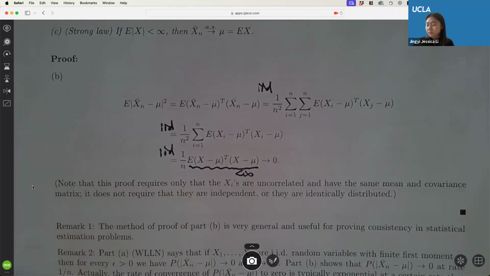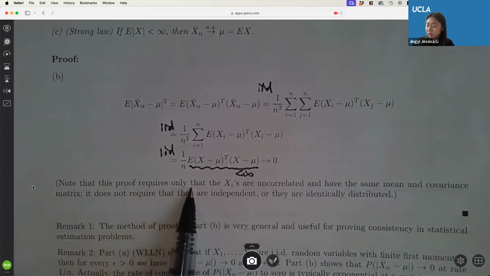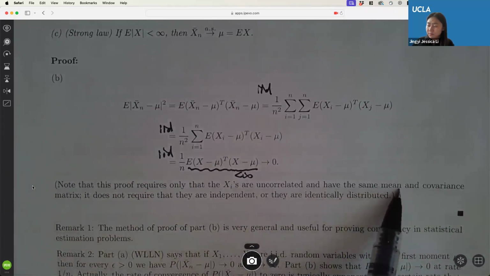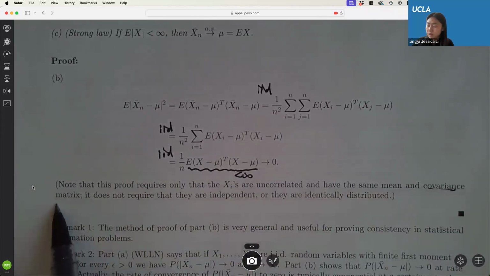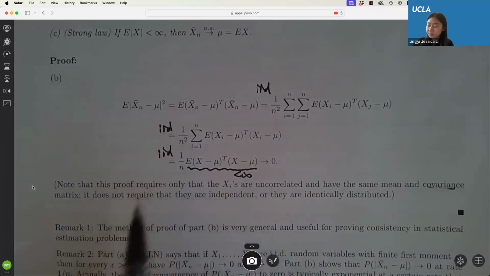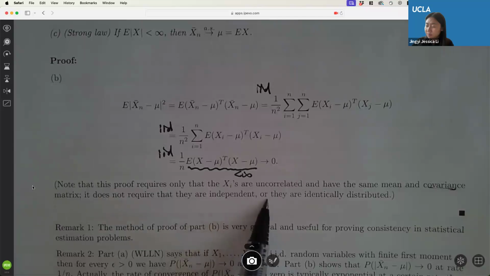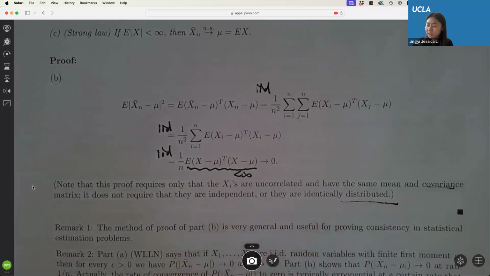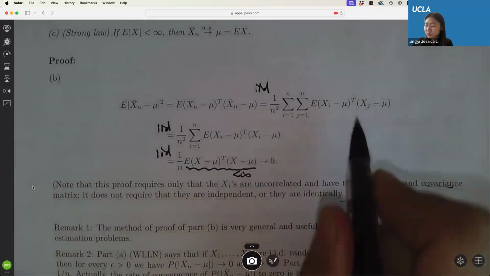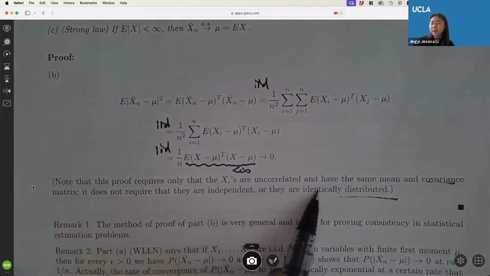Okay, so this proof requires only that the xi's are uncorrelated and have the same mean and covariance matrix. The same mean and covariance matrix is important for us to go from here to here. It does not require that they are independent or identically distributed. Essentially, I'm giving the stronger condition here, but if you want to relax the IID, you can make it weaker.